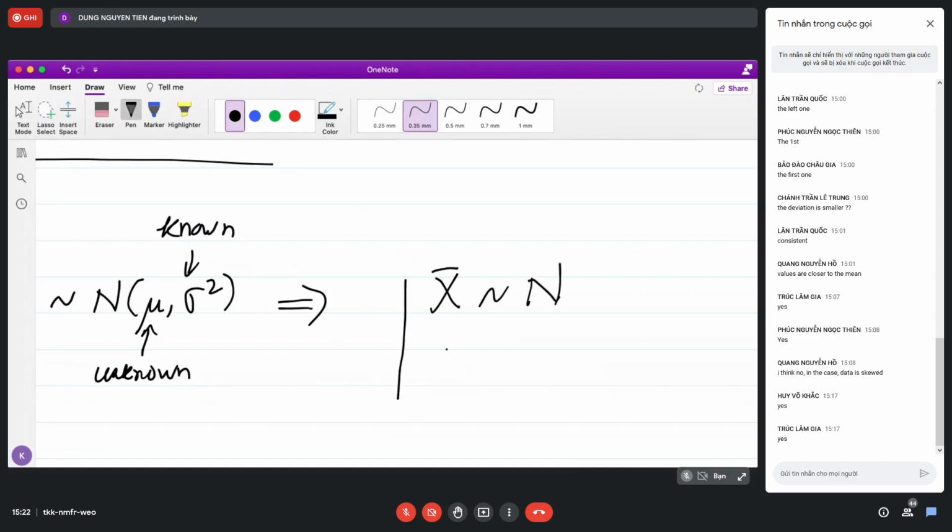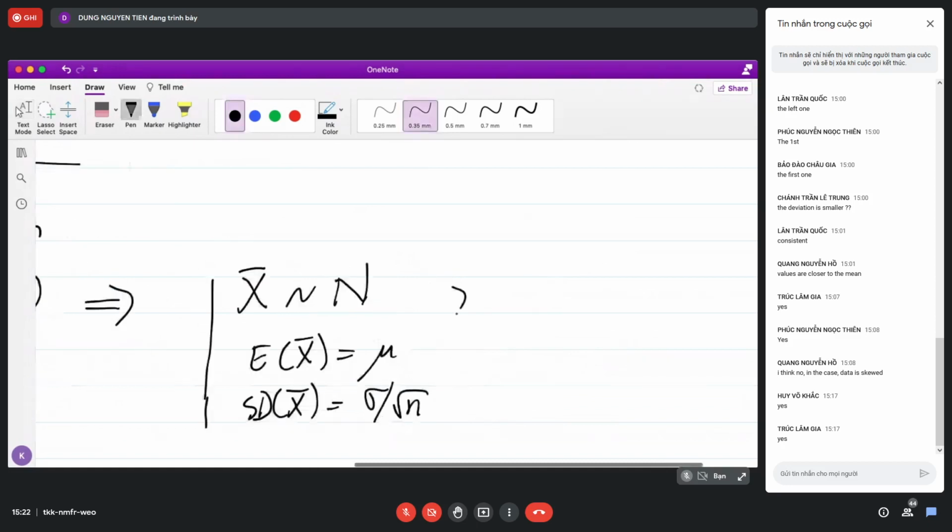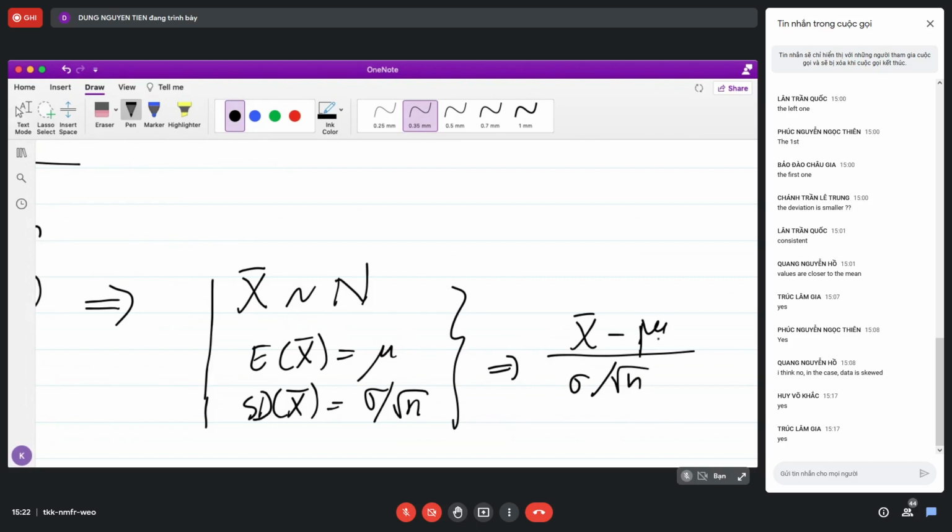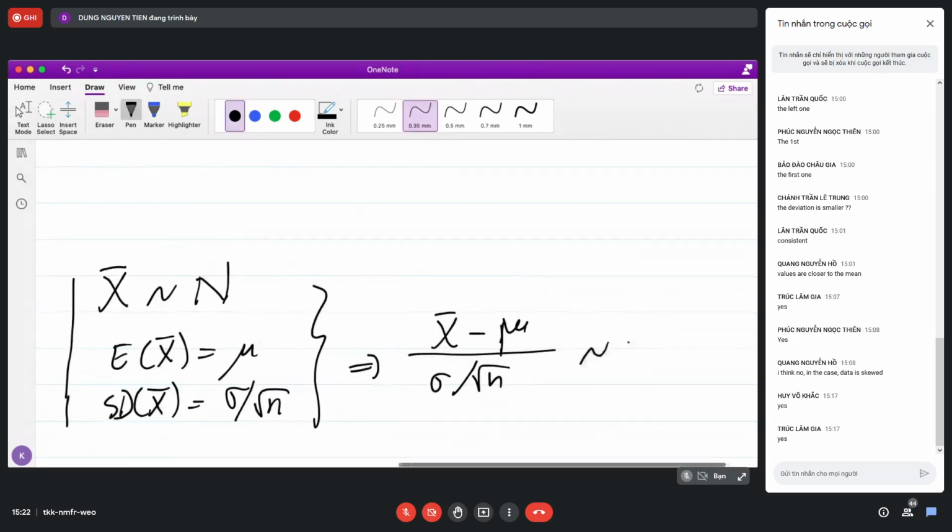And then you can find the mean of X bar, which is the same mu, and the standard deviation of X bar, which is sigma over the square root of n. Therefore, I can conclude that the standard score, X bar minus mu over sigma over the square root of n, should follow the standard normal distribution.